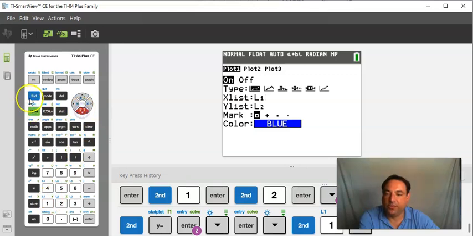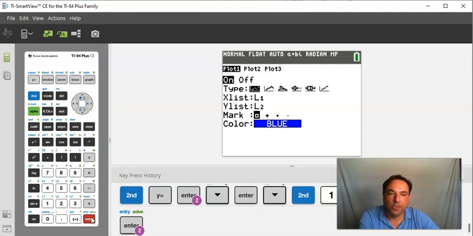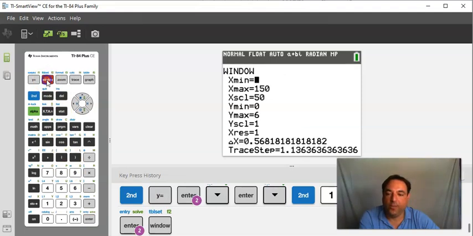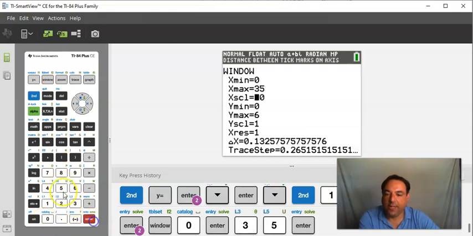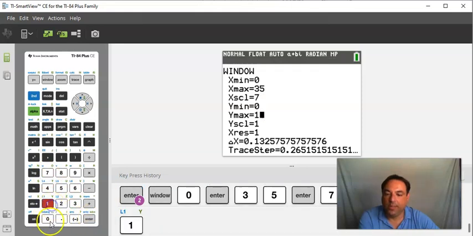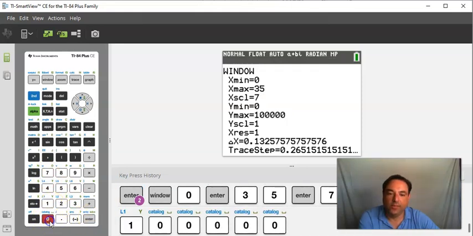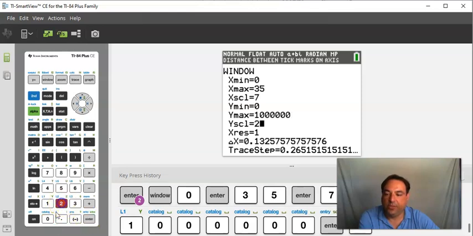My y is list 2, second 2. I like to use the box, so I'll choose the box to show each data point. And then I'm going to press window, and the window we just set, 0 to 35, counting by 7s, 0 to 1 million, 1, 2, 3, 4, 5, 6. I counted by 200,000s.